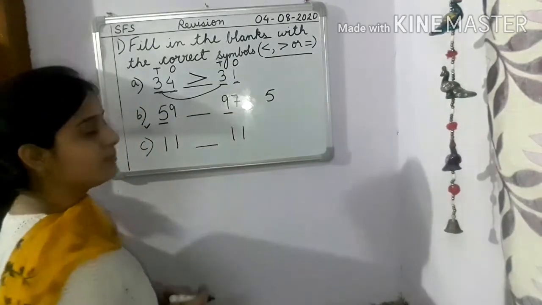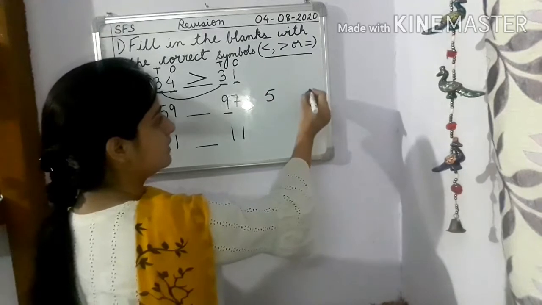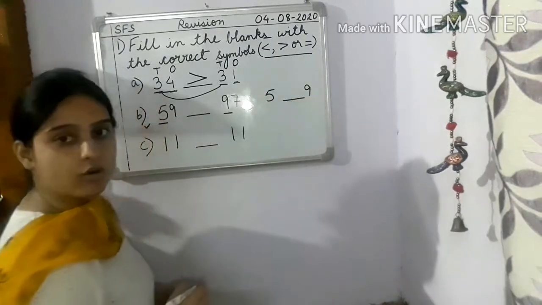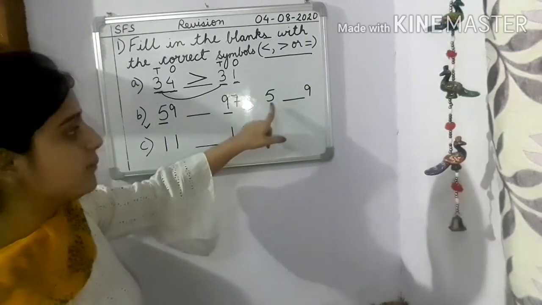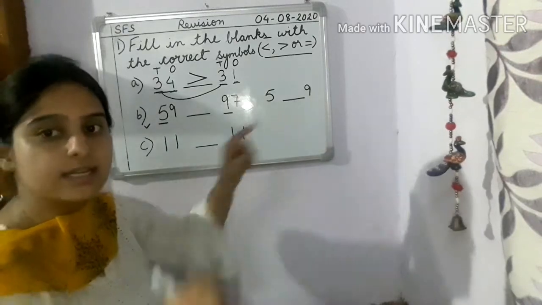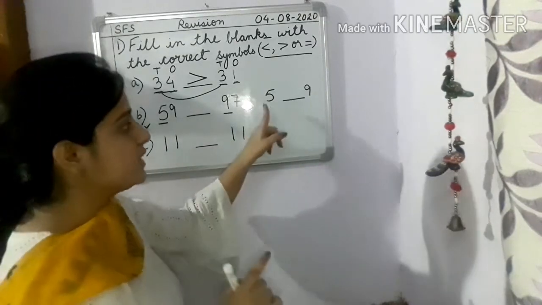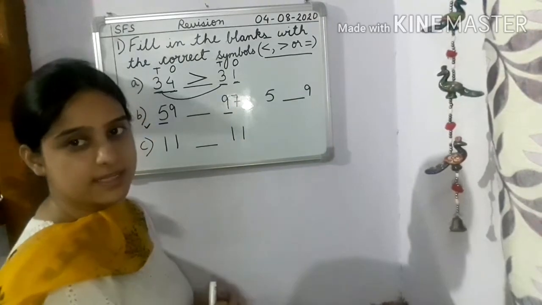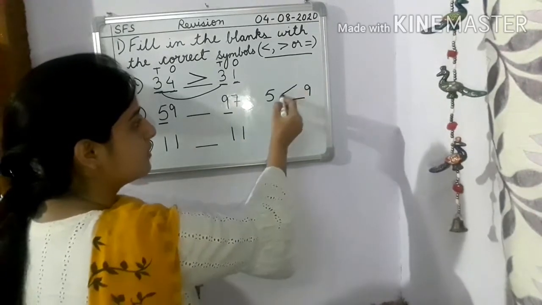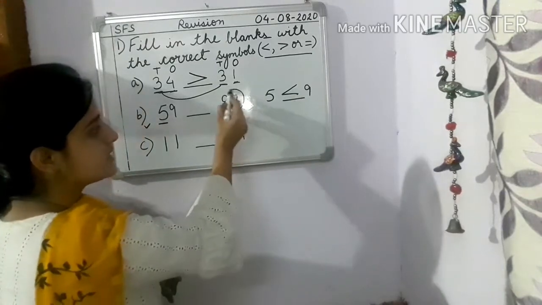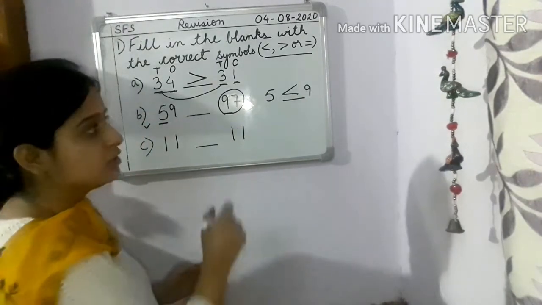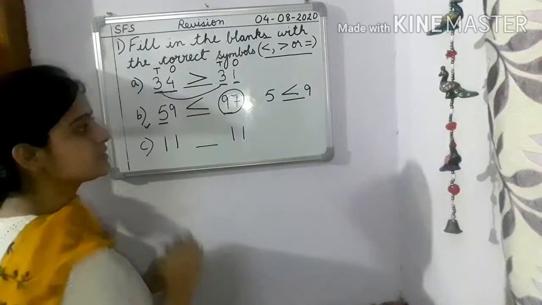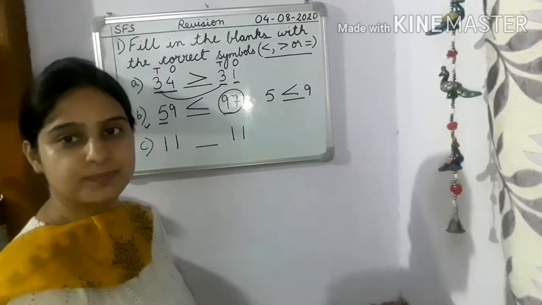And on my right side, what is the number? 3. Okay. So both are different numbers, isn't it? So we can compare now. Which one is bigger, children? 5 is bigger, isn't it? So that means the number 59 is bigger. The greater than sign comes towards 59.